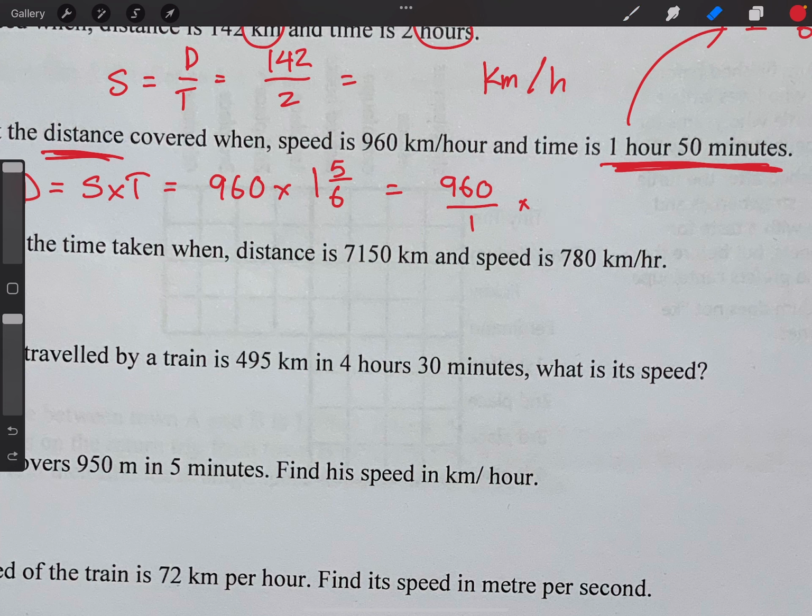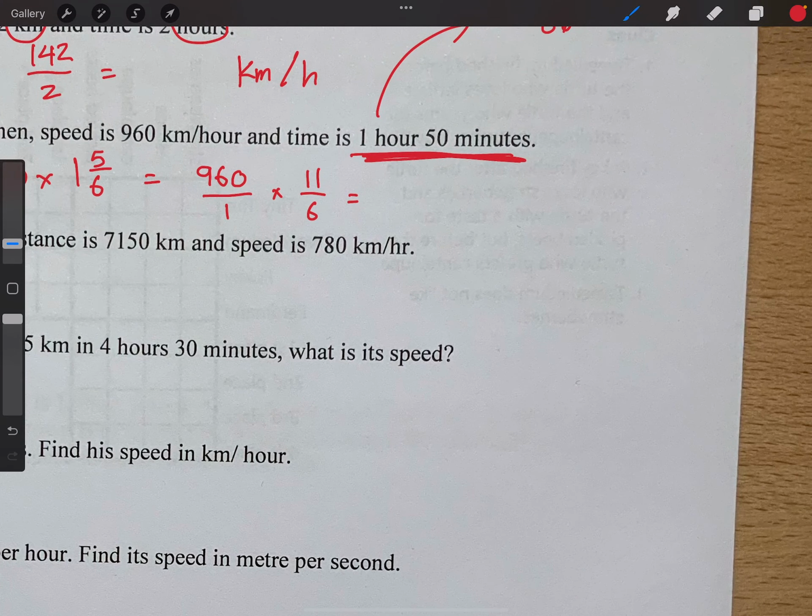So 1 and 5 on 6 will be 1 times 6 is 6, 6 plus 5 is 11, and you get 11 on 6. Alright, you can simplify this. You can divide this one by 6 and divide this one by 6. This will be 1. What's 960 divided by 6?